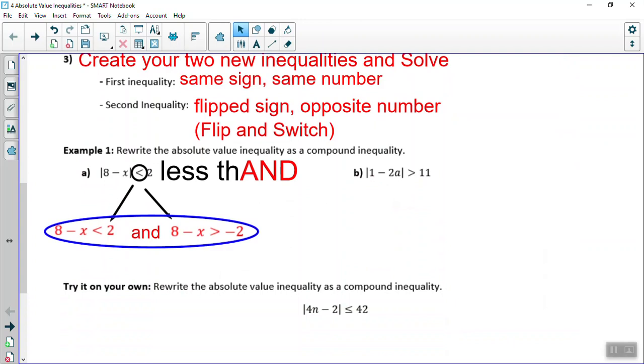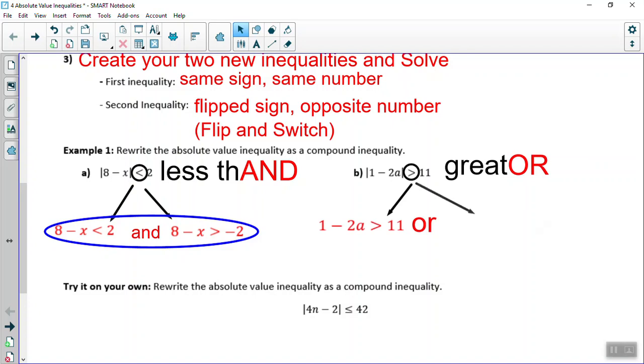All right, so this time we have the greater than symbol. So greater, it's an or. All right, so let's split them up. The first one, again, is going to keep all the same numbers. Everything's going to stay the same. We just removed the absolute value symbols. It's greater, so we're going to put the word or.